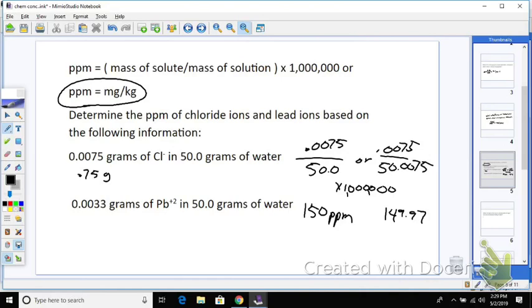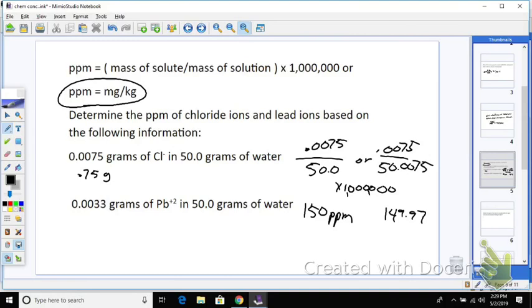But since we do it in parts per million, I think you can get away with it. So go ahead and do the next one. Does it matter which one we use? Here's the deal. If this is really small compared to what you're dissolving in, then you can just do one over the other. If this is a little bit bigger, then you probably should add them. So you just have to use your judgment.